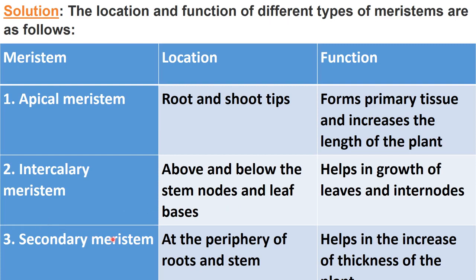The secondary meristem, that is the lateral meristem, is located at the periphery of root and stem, and it helps in increasing the thickness or the girth of the plant. Along with this question I gave some diagrams also as homework in the previous lecture. So I hope you have made those diagrams. Thank you.